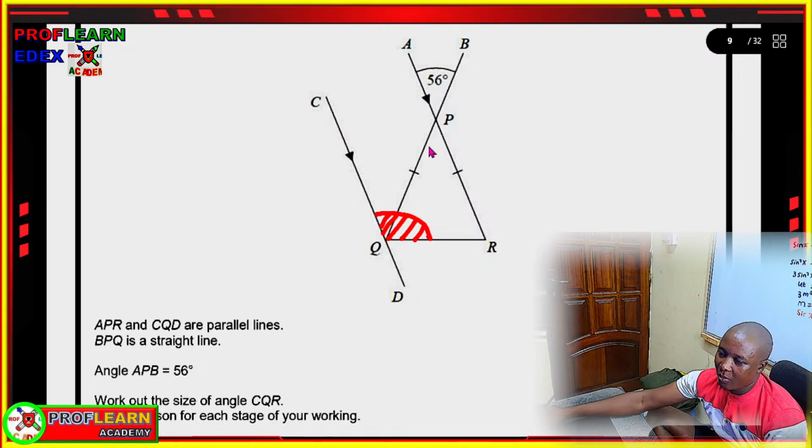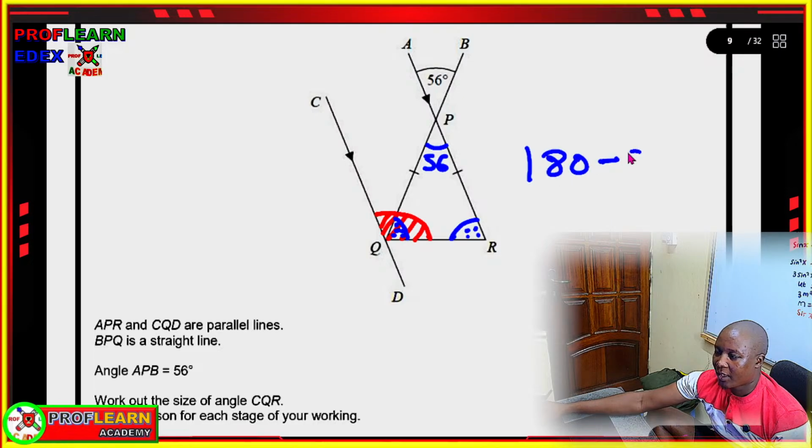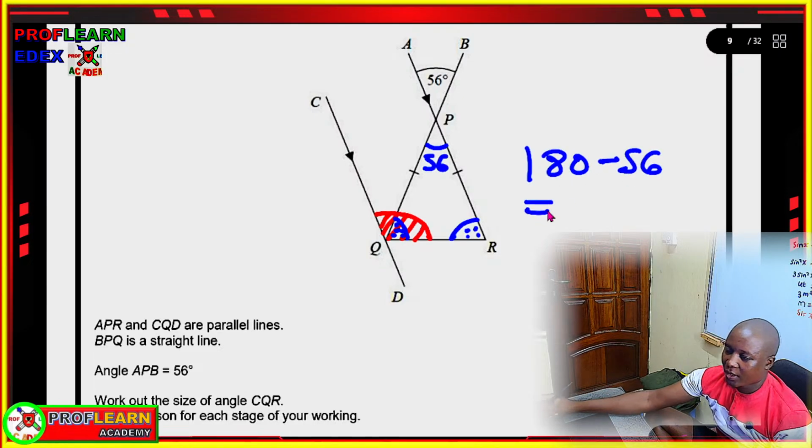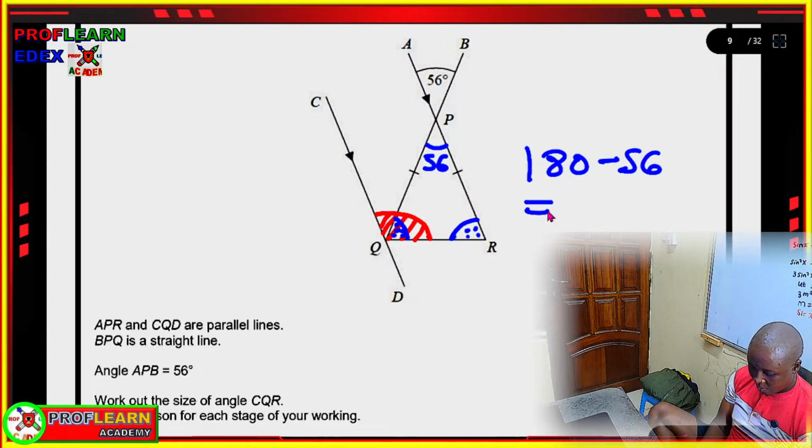To begin with, I know you've started working it out. We shall have 56 here. If this is 56, then for us to get these base angles, we shall say 180 minus 56. That's going to give us 124.